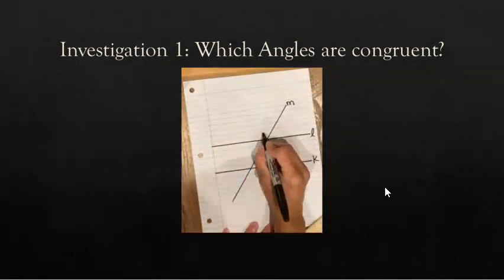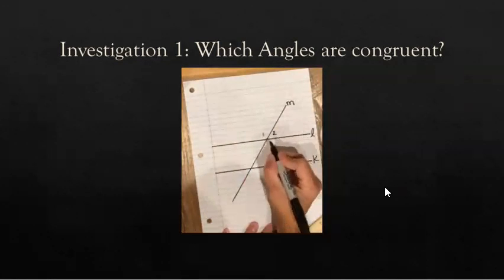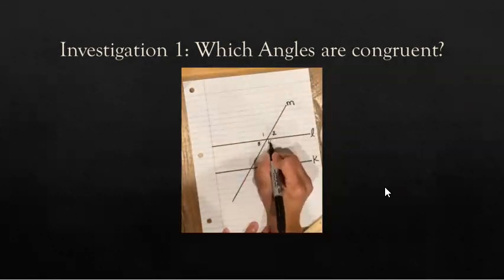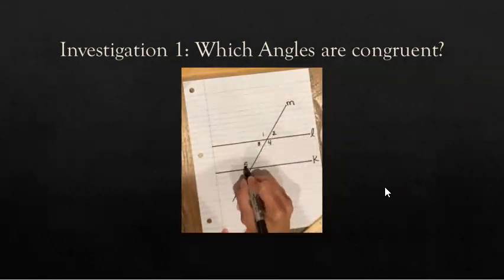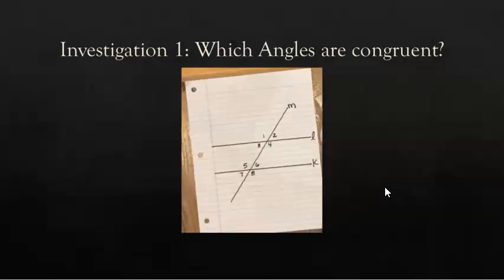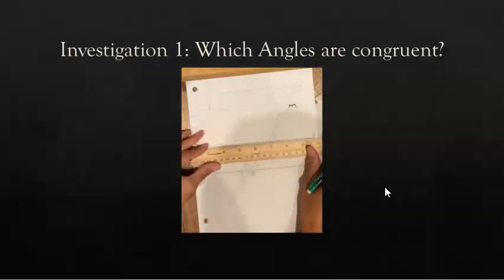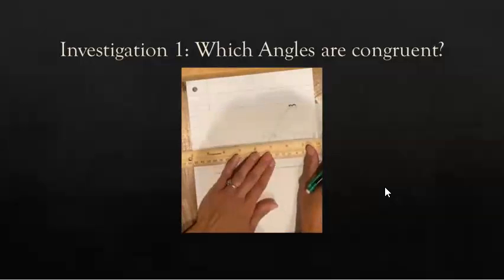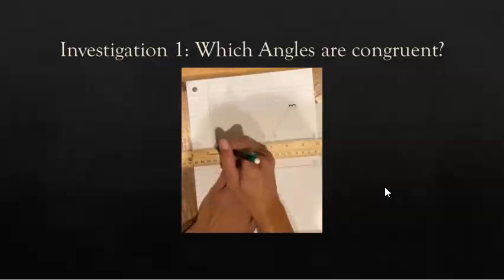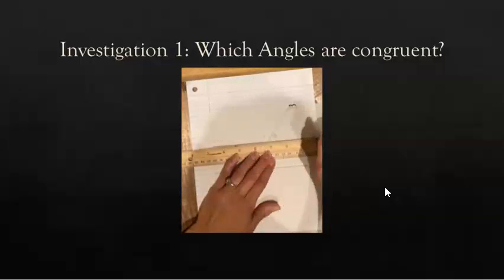Now we're going to label our angles 1, 2, 3, and 4 at the top intersection, and then 5, 6, 7, and 8 on that bottom intersection. We're going to get our tracing paper or our patty paper. We're going to put it over, and we're going to trace that top intersection. So line L and M and the angles labeled 1, 2, 3, and 4.